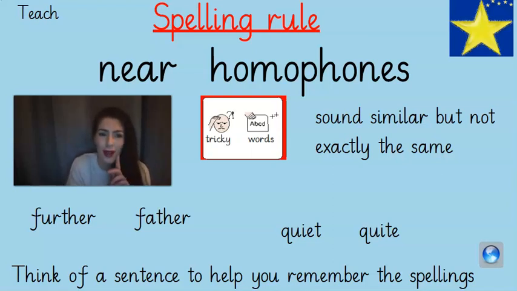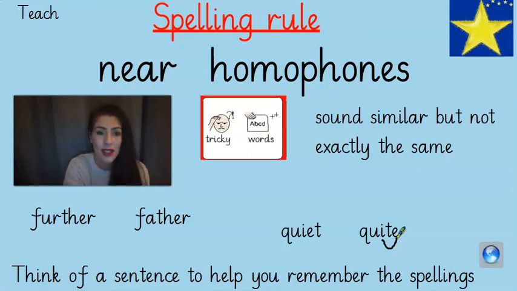So it's just being careful which is that middle sound. And quite and quiet. These ones are really tricky. Quiet has the e before the t, quiet. And quite happy, quite sad, meaning a little bit. The e is after the t because it's a split digraph I.